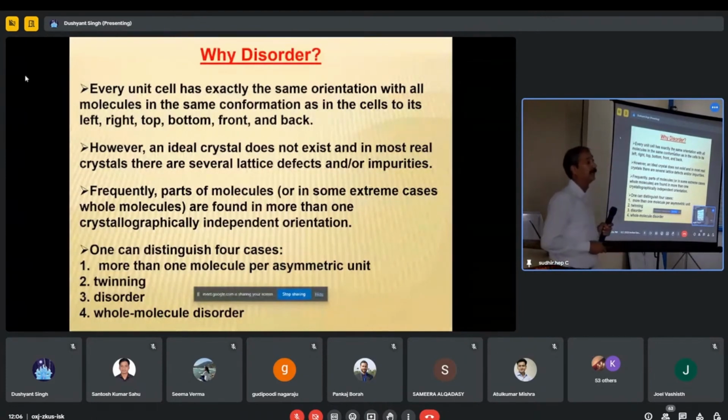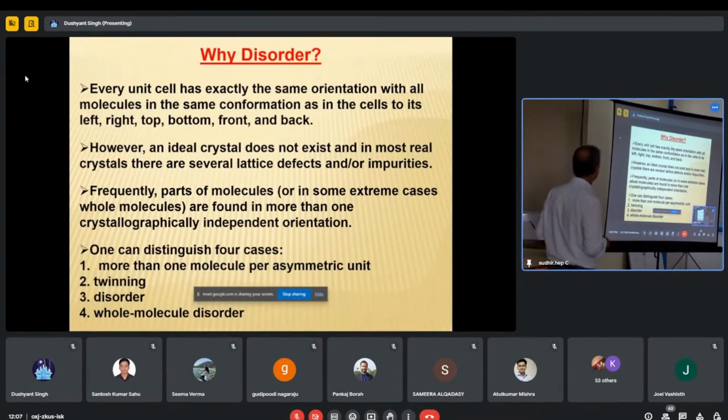Sometimes when we talk of liquid crystals, they are rod-shaped molecules, and I am able to crystallize a liquid crystalline material of rod-shaped molecules. The length of the molecule is such that it is very difficult to have symmetric molecules in the unit cell, so what we get are independent molecules.